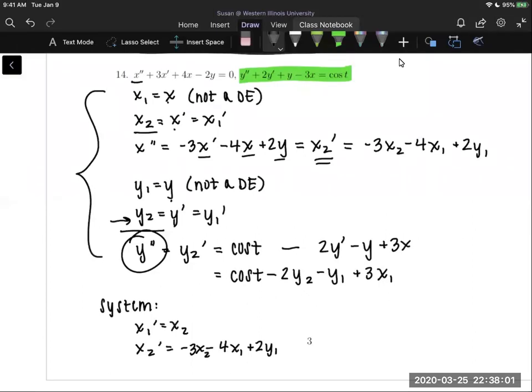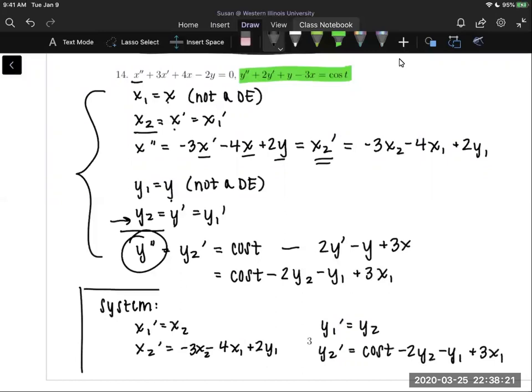And then for the y's, we have y1 prime equals y2, and y2 prime equals cosine t minus 2y2 minus y1 plus 3x1. All right, and so these four first order DEs are going to form the system here. And that's problem 14.